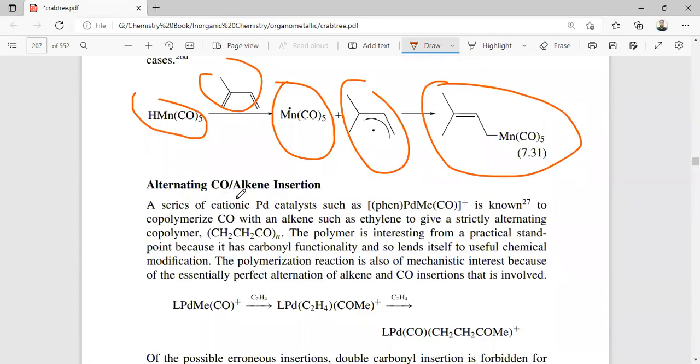As an alternative, CO and alkene insertion: a series of cationic palladium catalysts is known to catalyze the copolymerization of CO with an alkene such as ethylene to give a strictly alternating copolymer. The polymer is interesting from the practical standpoint because its carbonyl functionality lends itself to useful chemical modification. The polymerization reaction is also of mechanistic interest because of the perfect alternation of alkene and CO insertion.